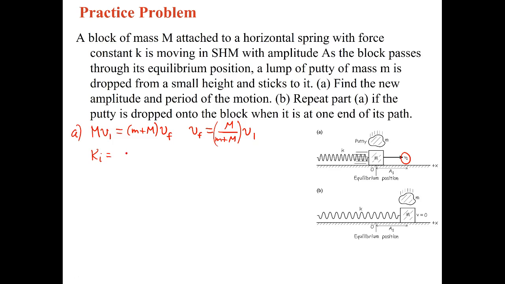The kinetic energy that it started with was just 1/2 M v1 squared, and the final kinetic energy is going to be 1/2 little m plus big M times this v final, M over little m plus M times v1, quantity squared.